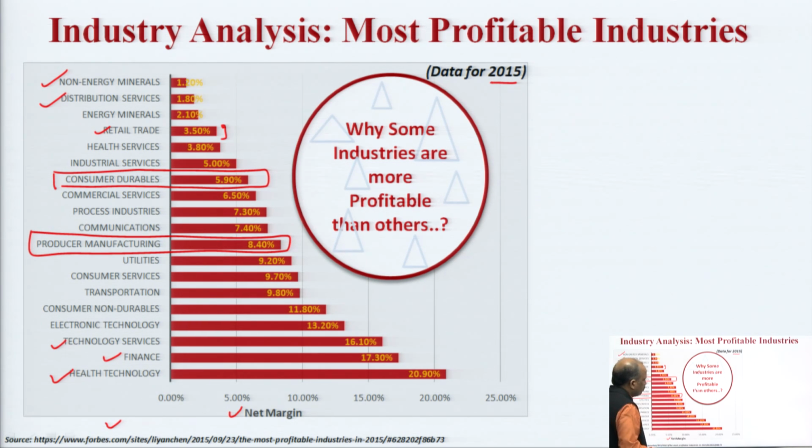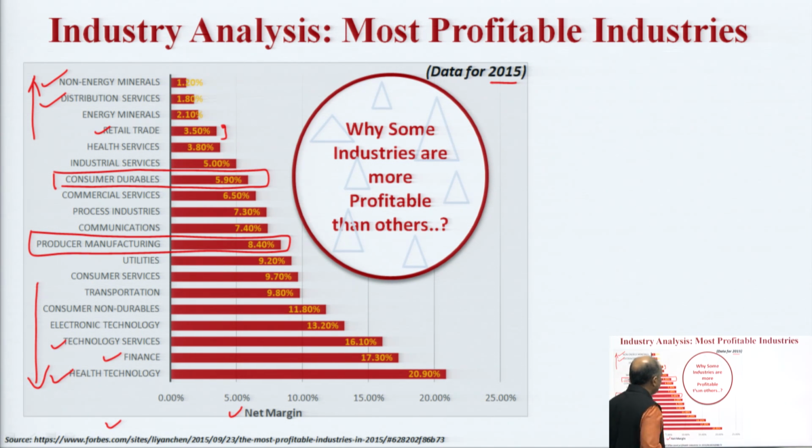forced me to think about this question: why are some industries more profitable than others? Why is it that the companies towards the bottom of this graph are earning more net margin as compared to the companies listed above? What is important, what is unique therein?